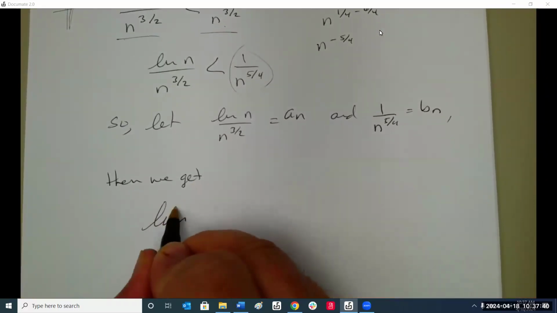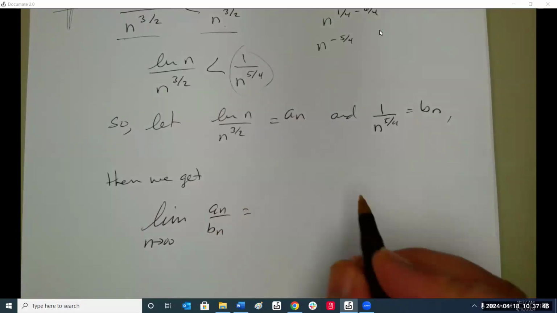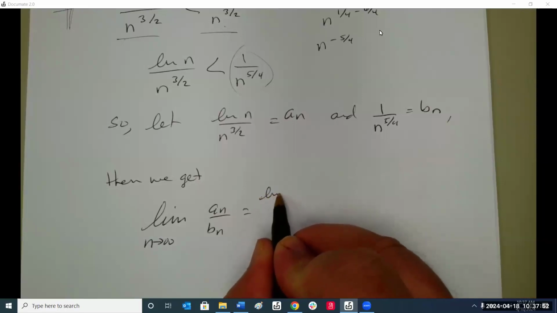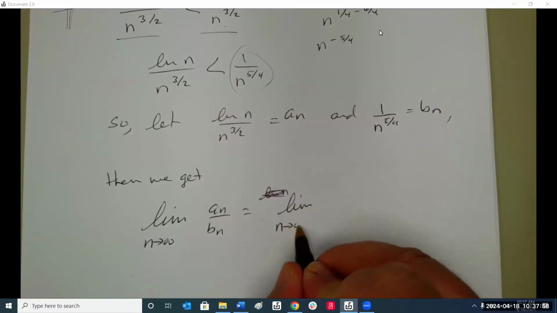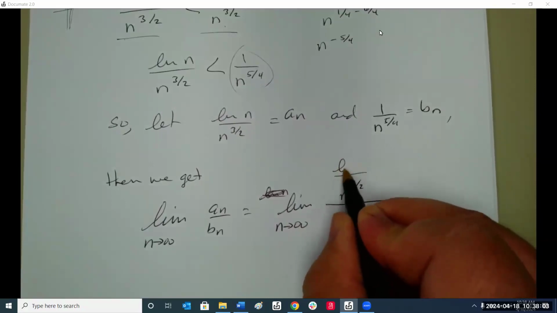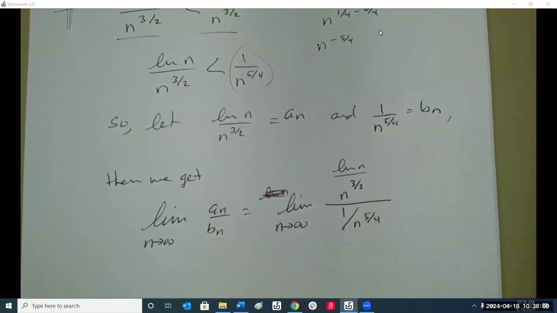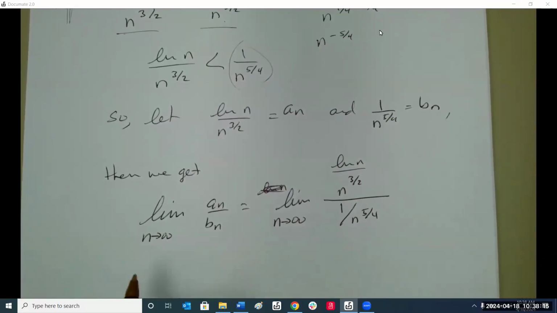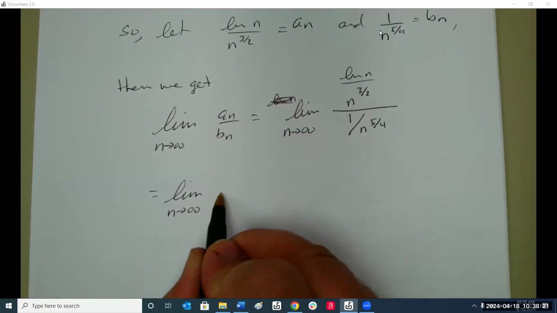And we get the limit as n goes to infinity of a sub n over b sub n, which equals the limit of ln n.